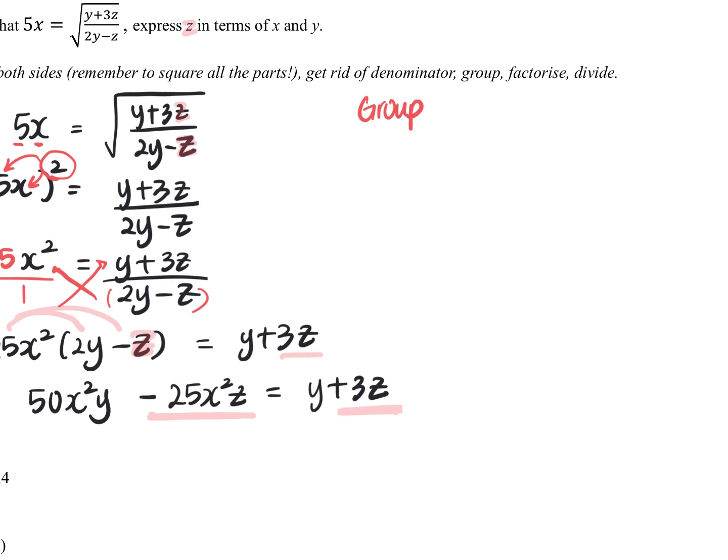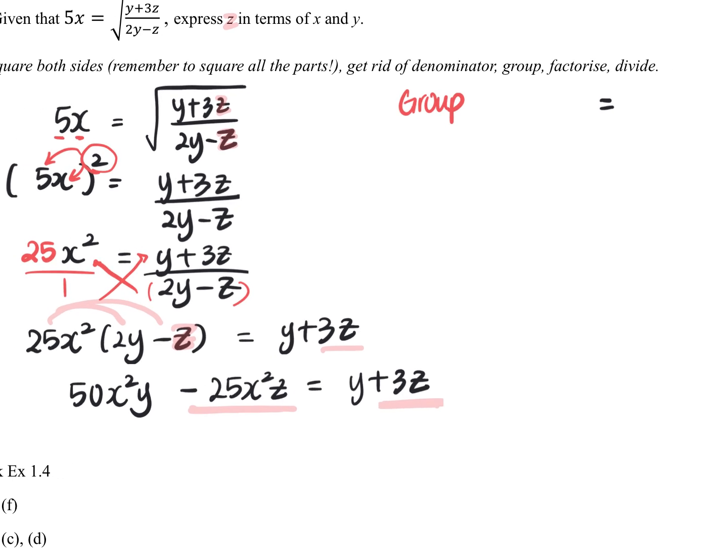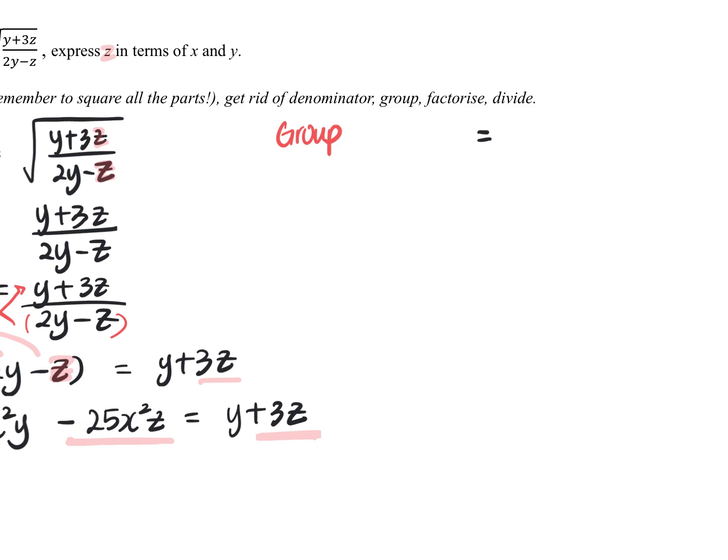Okay, let me split it up, my left hand side and right hand side. So what I'm going to do, in order to get z to be positive, I shall shift negative 25x squared z over to the right hand side. On my right hand side, my original term is just 3z.